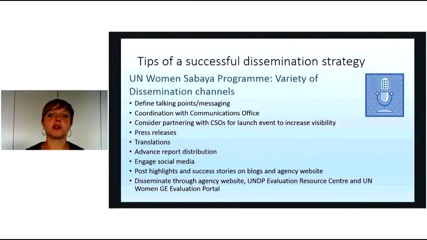Partner with CSOs for a launch event to increase the visibility. Publish press releases. Have the relevant translations, and advance report distribution. Engage social media. Post highlights and success stories on blogs and the agency website. And you could disseminate through things like the UN Women website, UNDP Evaluation Resource Center, and UN Women Gender Equality Evaluation Portal.